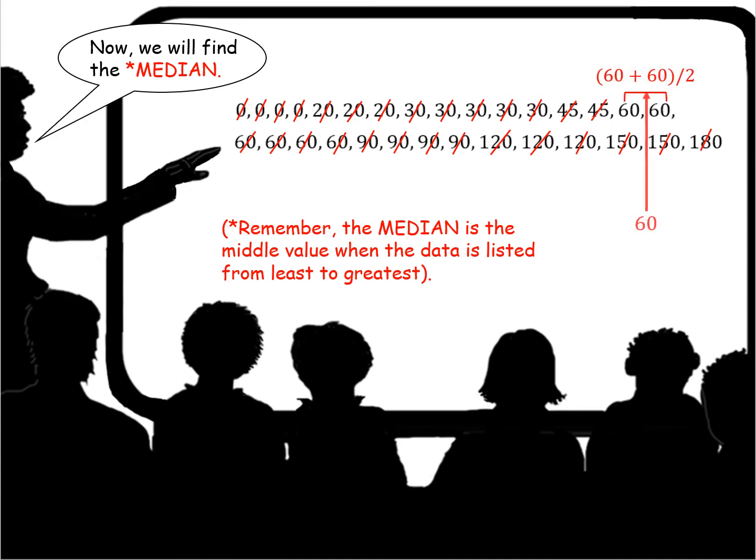And the middle in this case happens to be in between 60 and 60, because if I cross both those off, there wouldn't be anything left, no more numbers. So what we do in that case is we add the two numbers together. In this case, 60 plus 60, we divide by 2. So we find that our median is 60.